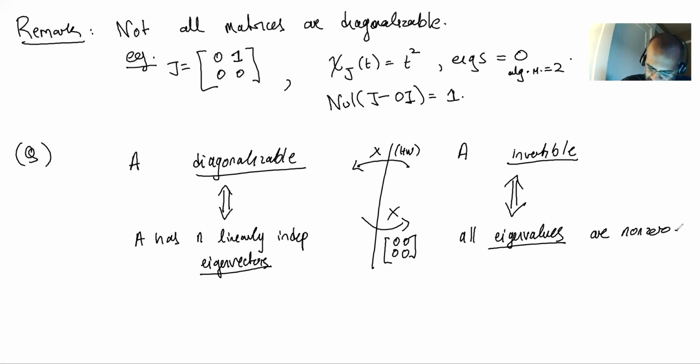The reason for that is, if AX equals lambda X for lambda equals 0, then you have a non-trivial vector in the null space. So there's no relation between these concepts. Diagonalizability is a question about eigenvectors. Invertibility is a question about eigenvalues. Okay, so no relation.